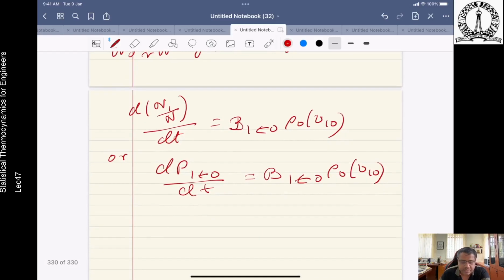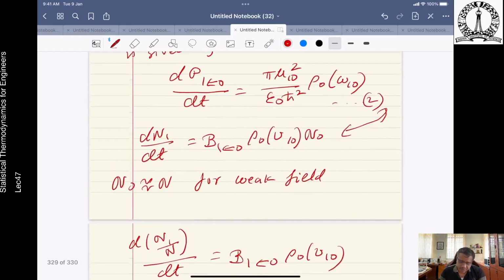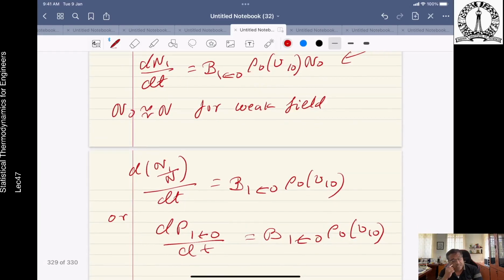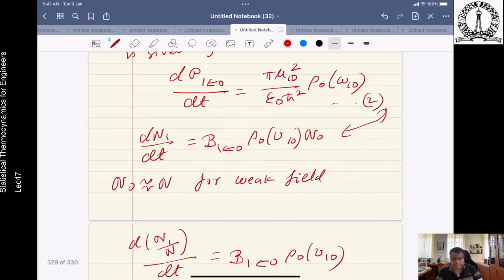Here there is a factor of 3 which is missing in equation 2, because that has been derived from isotropic radiation traveling in x, y, and z directions, whereas equation 2 has been derived using a plane wave traveling in the z direction only, since only the z component of the isotropic radiation is effective in inducing a transition.